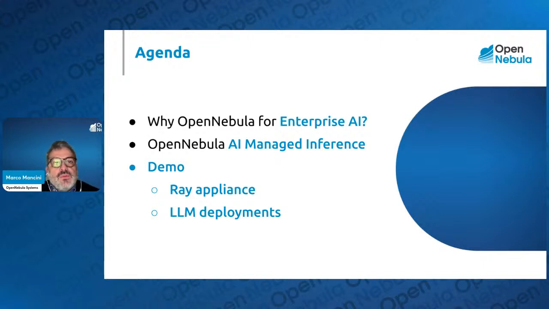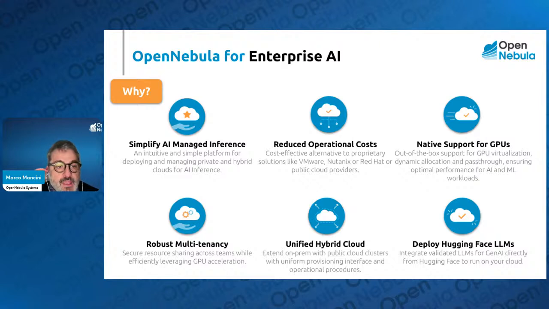First of all, let me discuss which features OpenNebula offers for AI, so that you can integrate AI in your organization and business processes, managing the deployment of AI models in a very simple way. One of the main characteristics is that we would like to provide an intuitive, simple platform where you can manage these deployments in a very easy way.